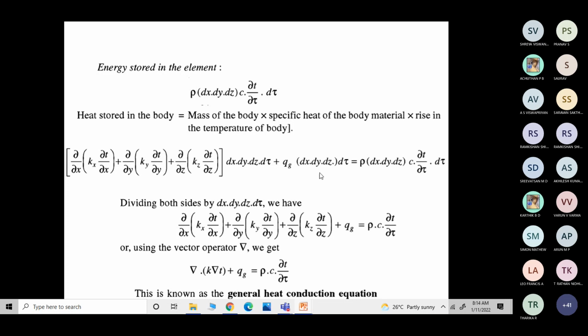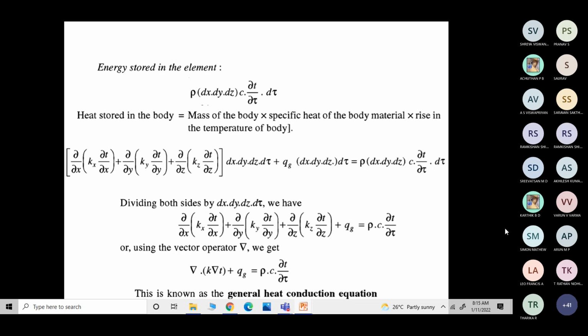On the left hand side we have two terms which involve dx, dy, and dz, and the right hand side also. So we have the liberty to divide everything by dx, dy, dz, and dt.